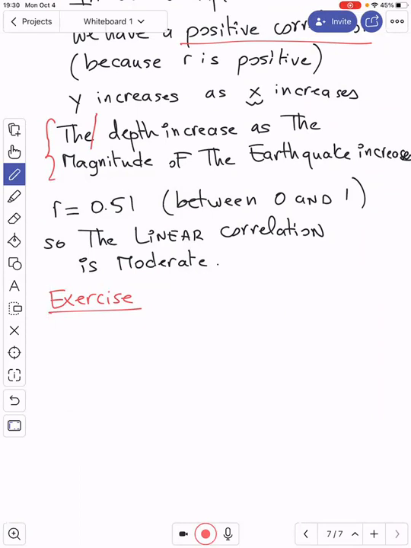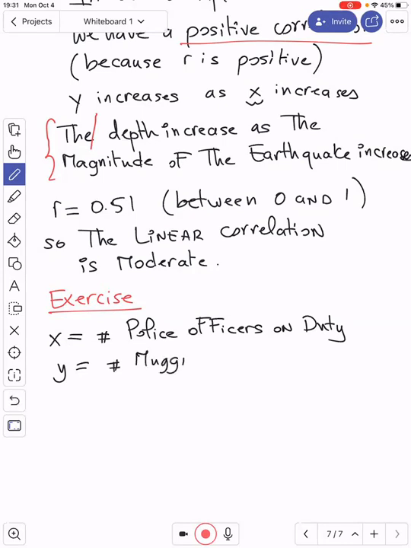The X is going to be the number of police officers on duty, and the Y, let's say, is going to be the number of muggings that day.